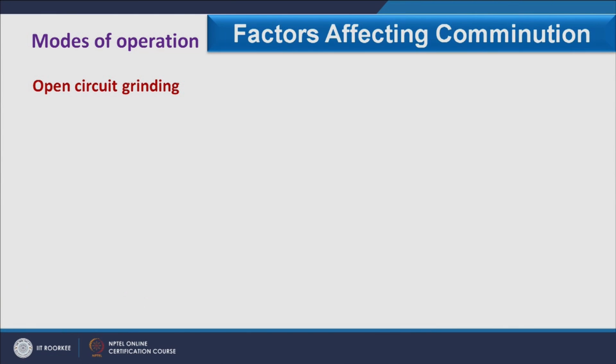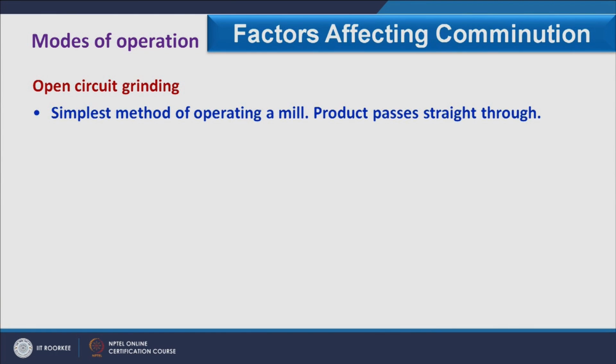Now, what happens in open circuit grinding? This is the simplest method of operating a mill. Product passes straight through. What is the meaning of this? For example, if I have the equipment for comminution and we operate it in an open circuit, feed comes from one side into the equipment, crushing takes place and product exits from the other side.